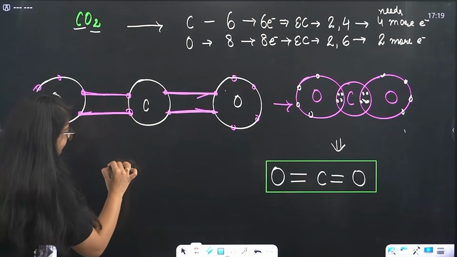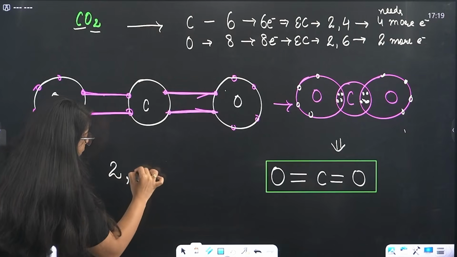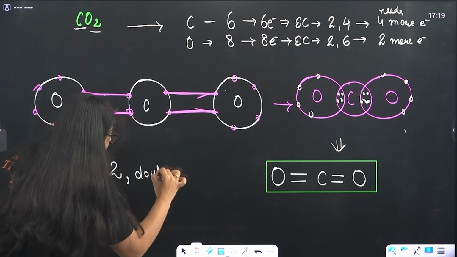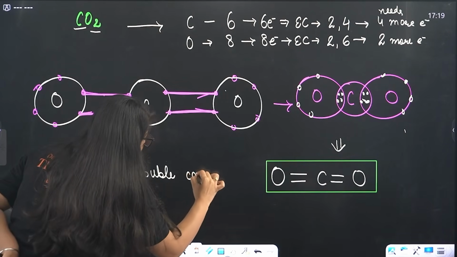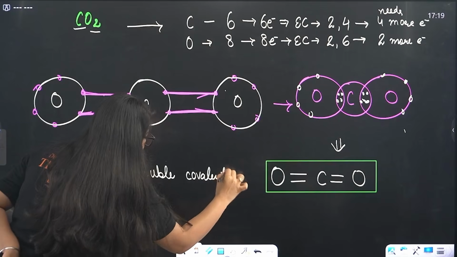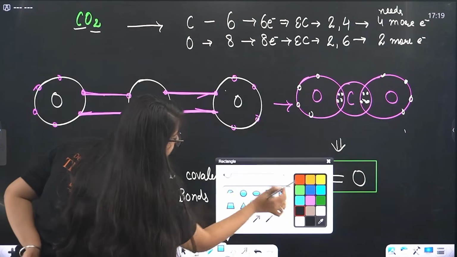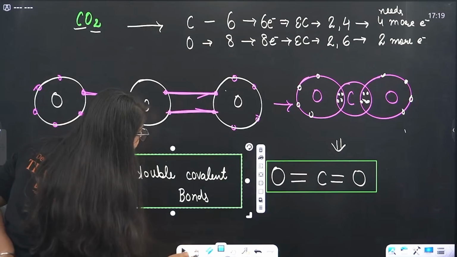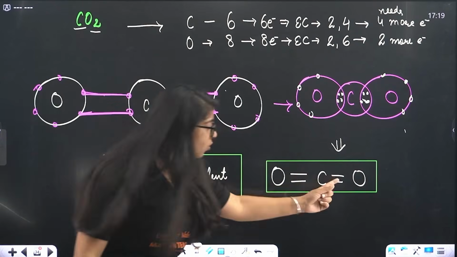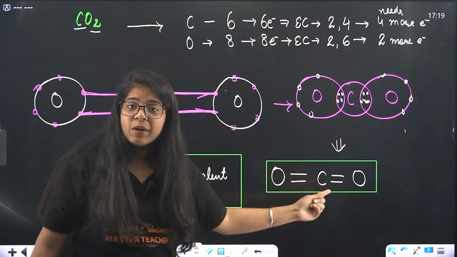They have 2 double covalent bonds. Understood? Everybody clear?